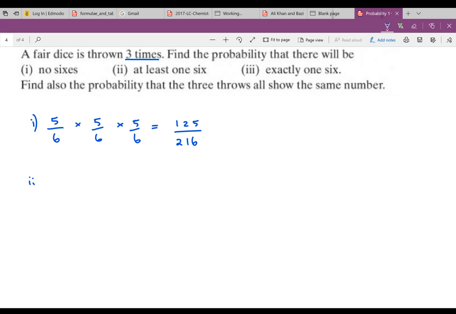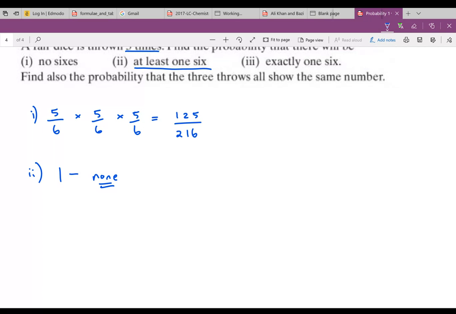The probability that at least 1 6. Remember, when we have a probability of at least 1, it's 1 minus the probability of none. We did that before the Christmas break in class. So 1 minus none. The probability of no 6s is here, so 1 minus 125 over 216.